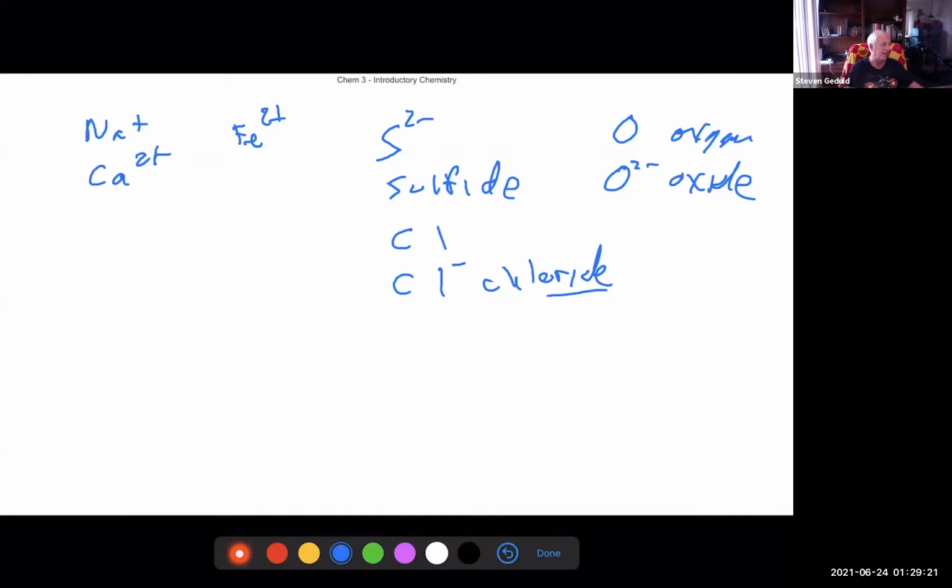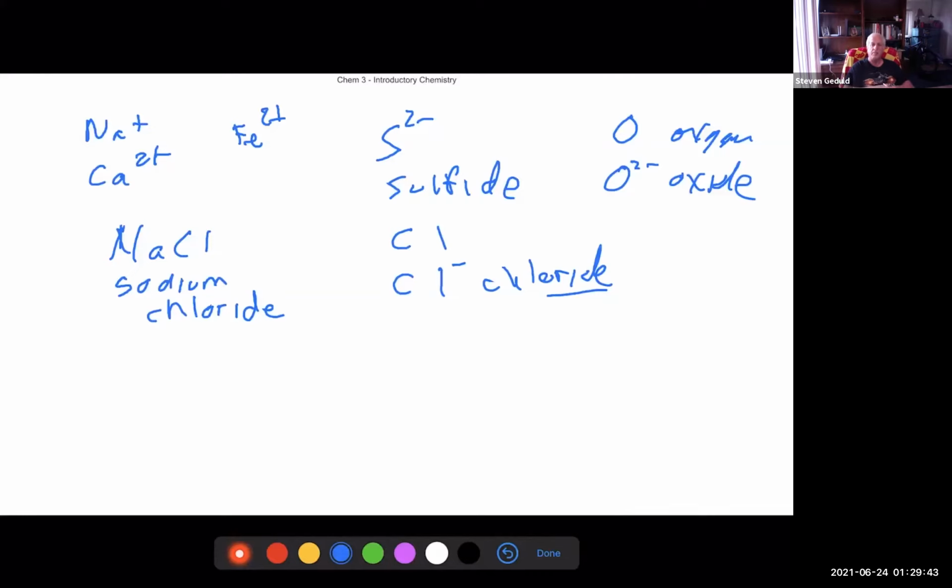We always name the cation first. Table salt is NaCl, and it's sodium chloride, not sodium chlorine, because the anion changes to the -ide ending.